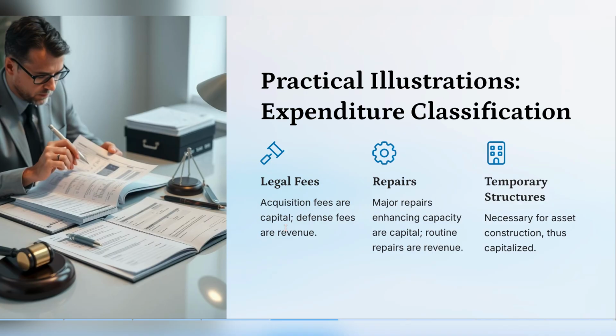So this is classified as capital expenditure. Whereas repairs and maintenance which enhance the capacity of the assets are classified as capital expenditure. Otherwise, if it is routine repairs, then it is classified as revenue expenditure. Now, temporary structures necessary for asset construction are capitalized. If we are spending for asset construction, then that expenditure is classified as capital expenditure.